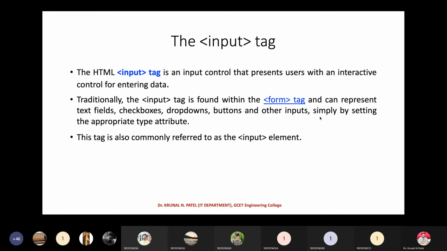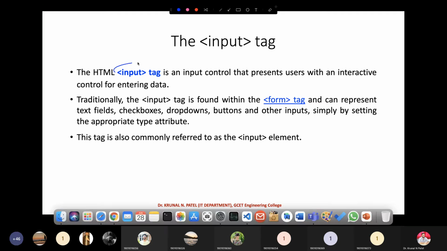These are the elements, controls, widgets, anything you can say. How can you put these controls in a form? For that, we have the input tag. With the use of the input tag, we can put these kinds of elements.